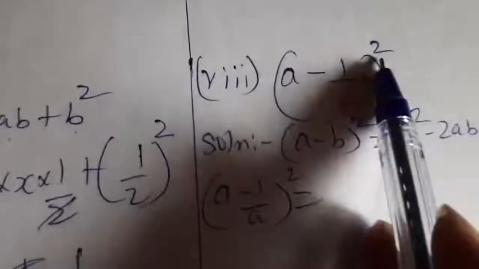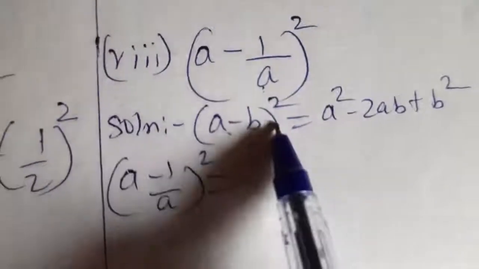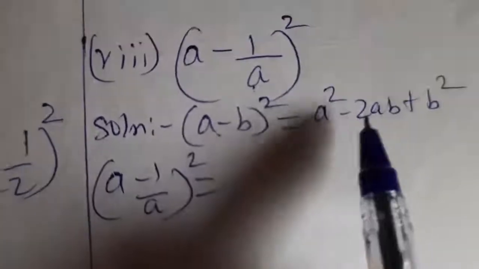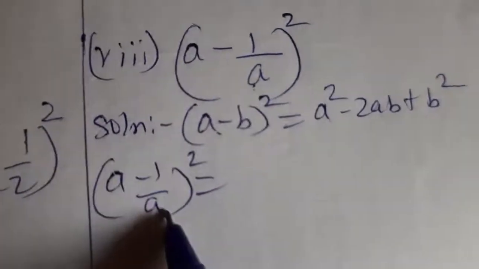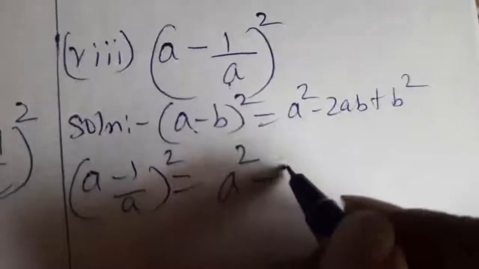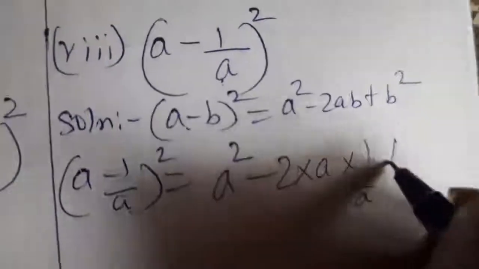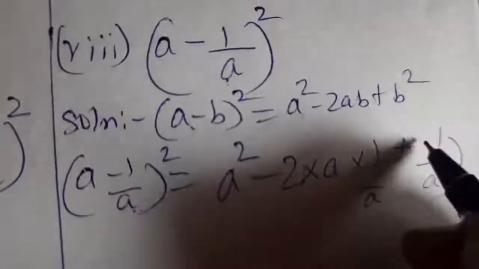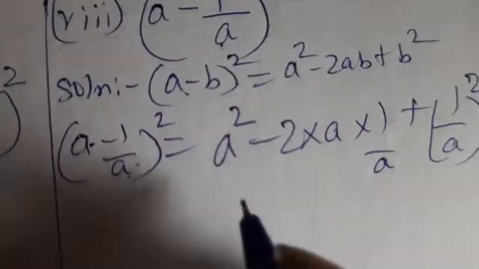(a minus 1/a) the whole square. I have already written the formula, it saves time. (a - b) whole square is equal to a square minus 2ab plus b square. So (a - 1/a) whole square is equal to, write the first one, a square minus 2 into a into 1/a plus (1/a) whole square. This is our a, this is our b.